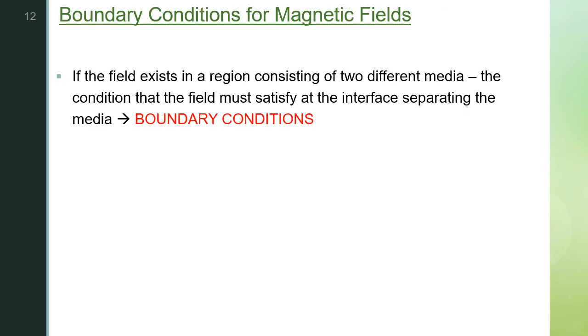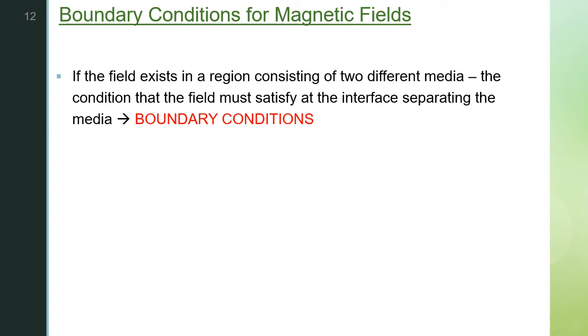So next we'll be discussing the boundary conditions for magnetic field. So when you consider the boundary condition, we already told that when a field crosses from one medium to another, there are conditions that should be satisfied at the boundary. So that denotes the boundary conditions.